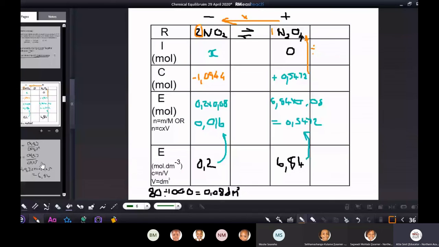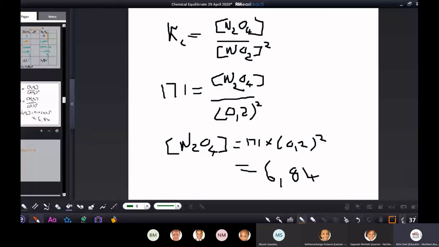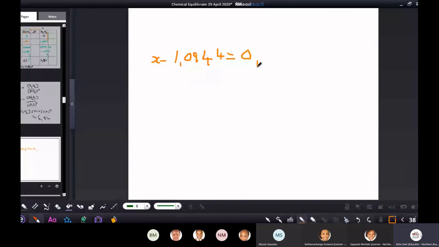Okay, and now we can take this equation. If we add another blank page, we can say x minus 1.0944 is equal to 0.016.